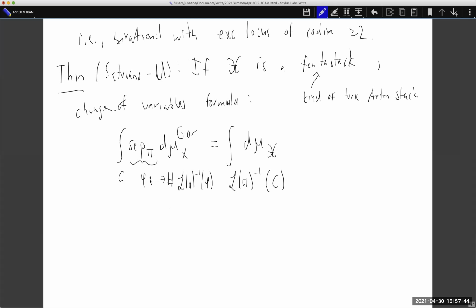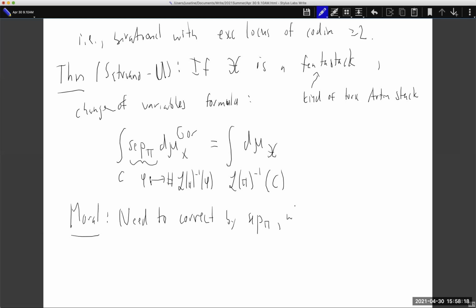So what is the moral here? The moral is that yes, we should think of this thing as being a crepant resolution, but there's something I swept under the rug earlier about Artin stacks, and it's the reason that we need to correct by this function that I call sep sub pi. Well, Artin stacks that aren't Deligne-Mumford stacks are always non-separated. So I sort of lied when I said things were like a resolution of singularities. You have to squint and allow for the fact that things can be non-separated.